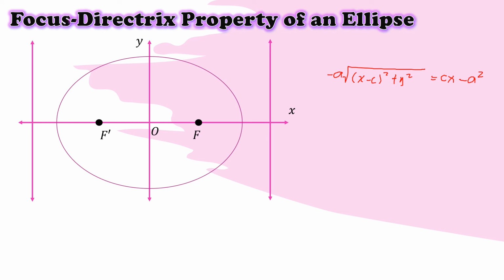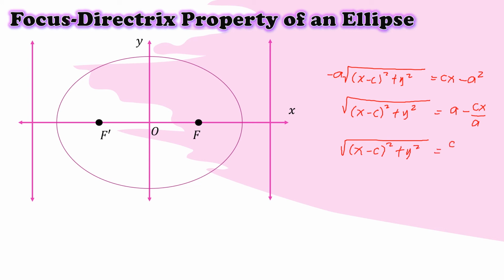If we divide both sides of the equation by negative a, we will have the square root of (x minus c) squared plus y squared is equal to a minus cx over a, which can be rewritten as the square root of (x minus c) squared plus y squared equals c over a times the quantity a squared over c minus x.